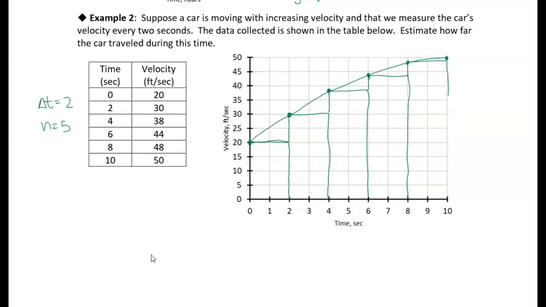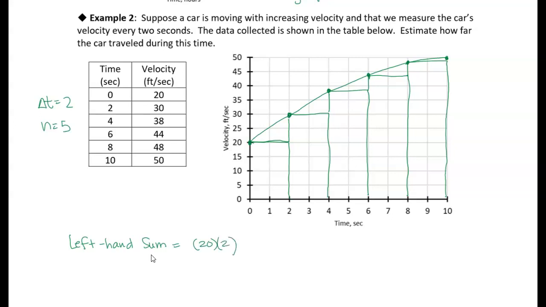Okay, so there's a bunch of rectangles, and just like the problem we had before, we just need to find the area to get the distance. So we're going to call this the left-hand sum. Okay, it's the left-hand Riemann sum. Essentially we're just going to take the height of the rectangle, so we're going to take 20 times the width of the rectangle, which is 2 seconds.